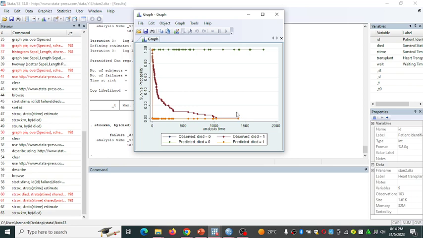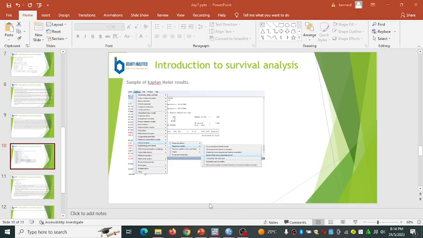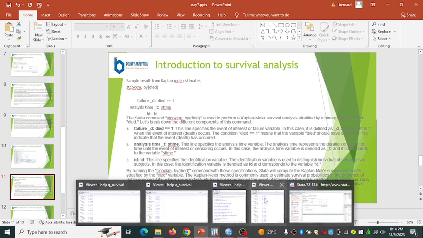So somebody will die. That is how we interpret the Kaplan-Meier curve. That's how we generally interpret the Kaplan-Meier curve. So these are simple interpretations of this model here.